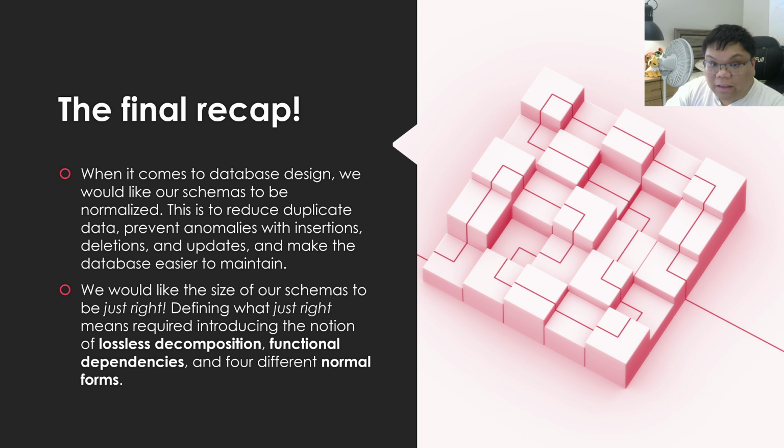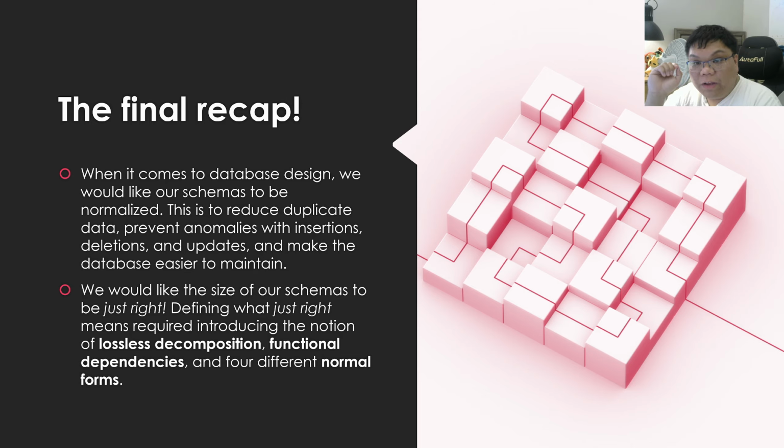We would also like the size of our schemas to be just right. We mentioned that earlier in Chapter 8, but it took us a long while to define what it means to be just right. We don't want them too big because we'd have redundant information, and if it is too big, we saw various normal forms in which if a schema violates one of those normal forms, we just split it into two schemas, and we keep splitting it until it violates no more normal forms.